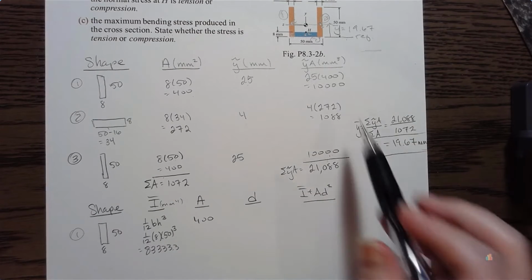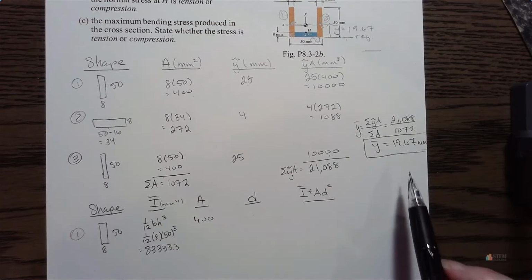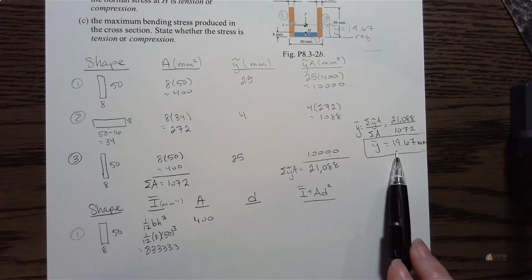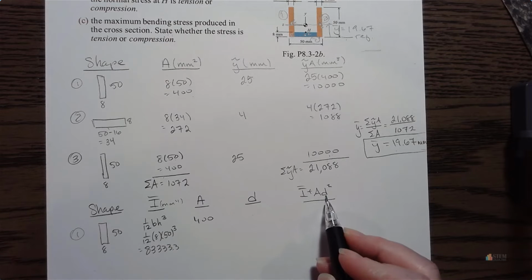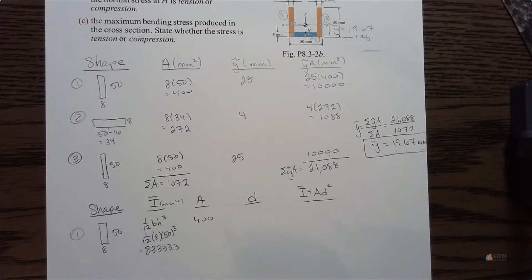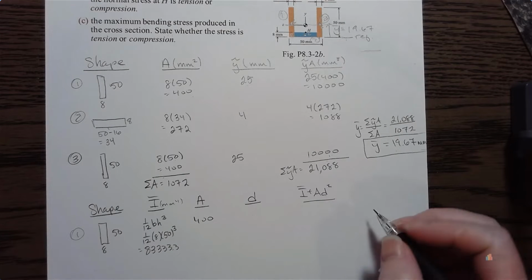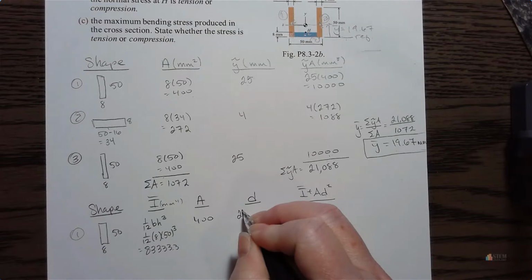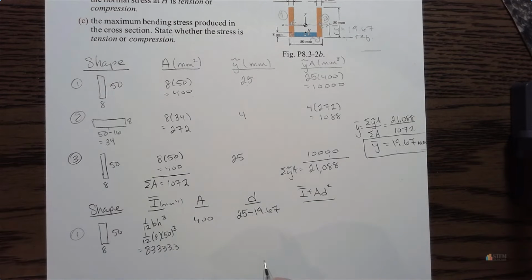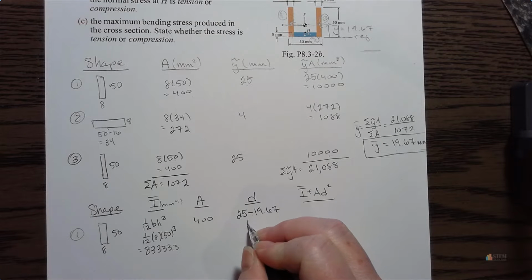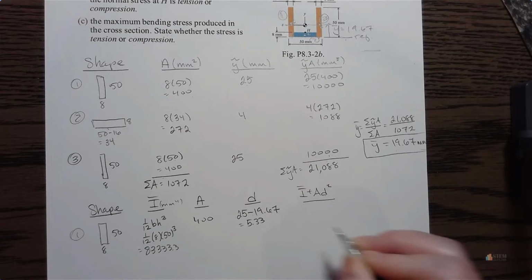And the easy way to do this, if you have the centroid information, is to just take the y tilde, the y bar, find the difference, and then you're done. Okay, that's the easiest thing. It doesn't matter if it's positive or negative because we're going to come over here and square it, right? So it doesn't matter which order you do it in. Okay, so let's just do 25 minus 19.67. All right, so that should be 5.33.